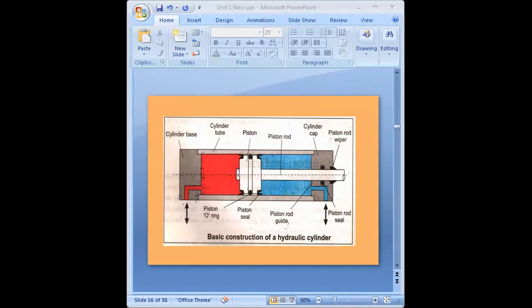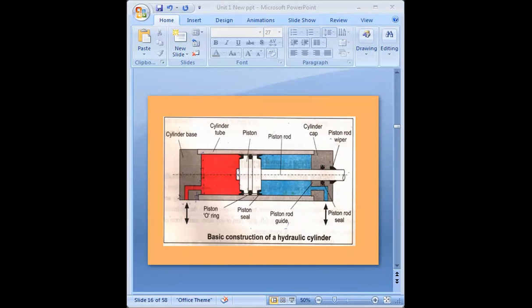Whether now you got the construction of hydraulic cylinder, just tell me in the chat box, say yes or no, and simultaneously draw the diagram. Only few students are giving a reply.